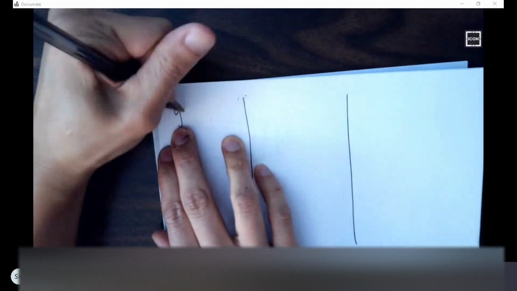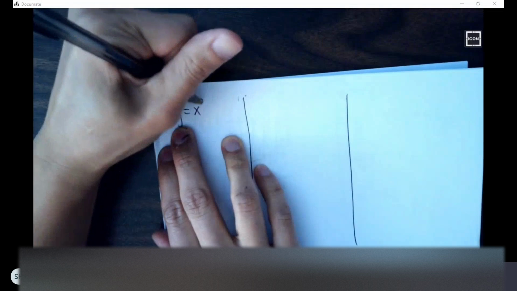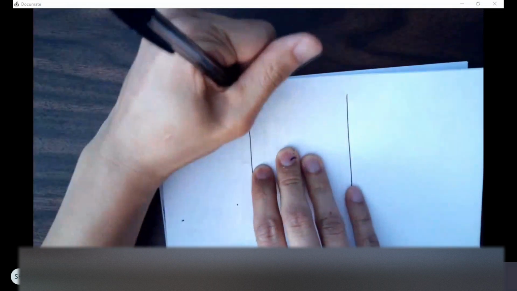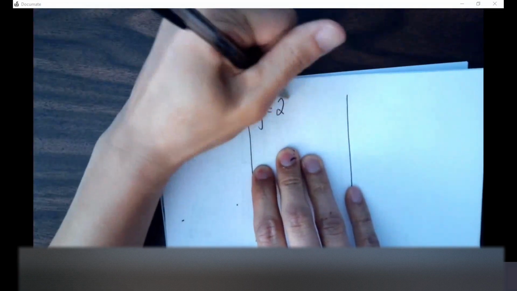Let's say we have y equals x squared versus y equals 2 to the x versus y equals x to the 2x. You see how these all kind of look similar? They all involve 2's and x's, and they all involve base and exponent.